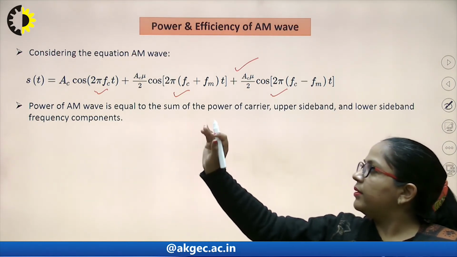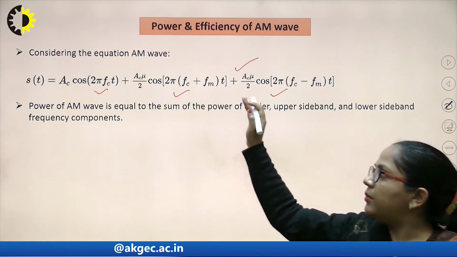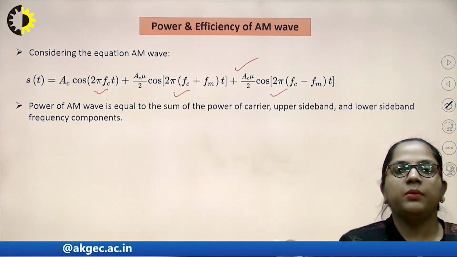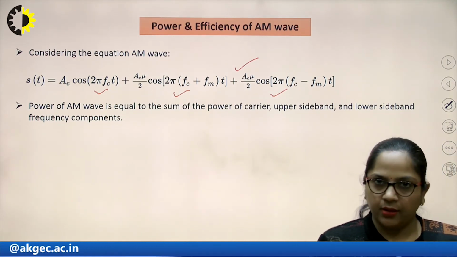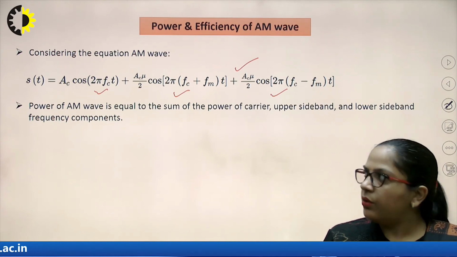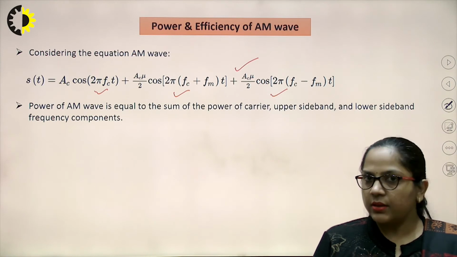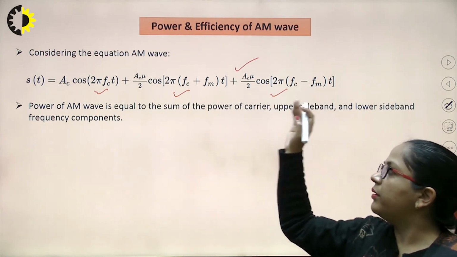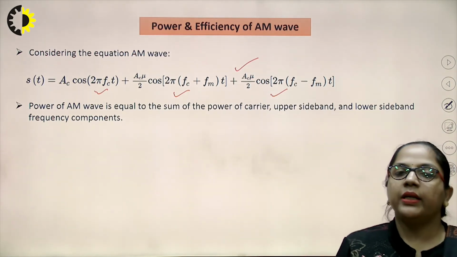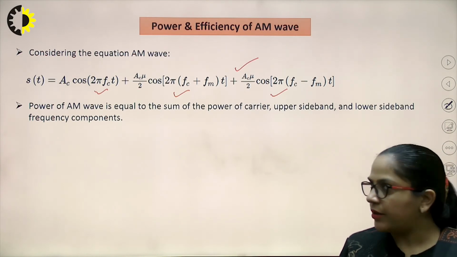By adding the power of these three terms, we get the total power of the amplitude modulated waveform. Three of these terms have the cos function. So, how can we calculate the power of a cos function?